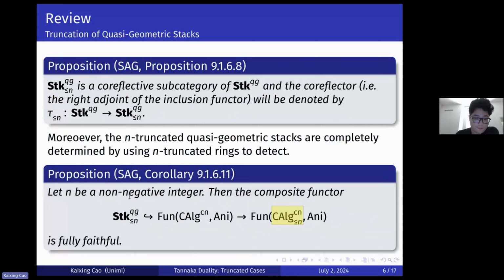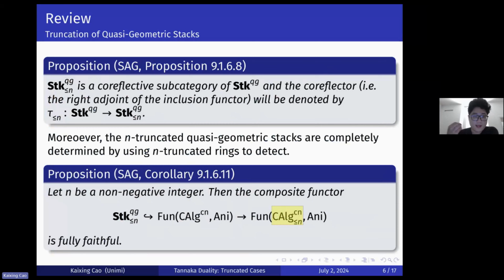So we can take n equal to 0, and then we get the discrete, or zero-truncated, quasi-geometric stacks. And they are completely determined by the discrete commutative algebras. So this links to classical algebraic geometry.